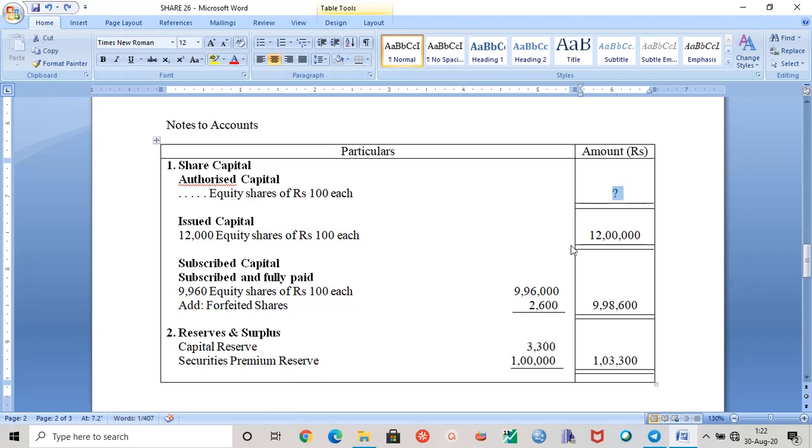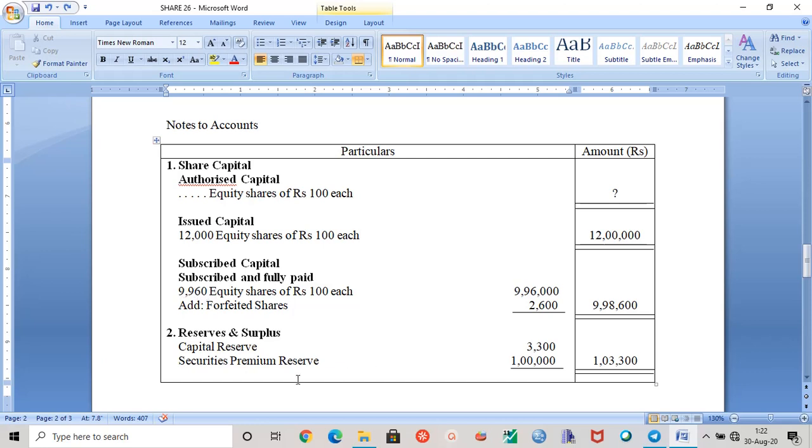Now the issued number of shares is 12,000, so you write 12 lakh here. But the public applied for 10,000 shares, so you have to write it here. But we are not writing 10,000 shares, we are writing 9,960.